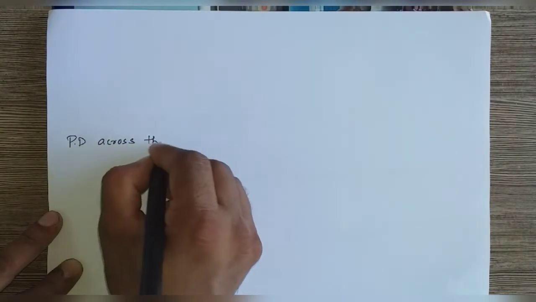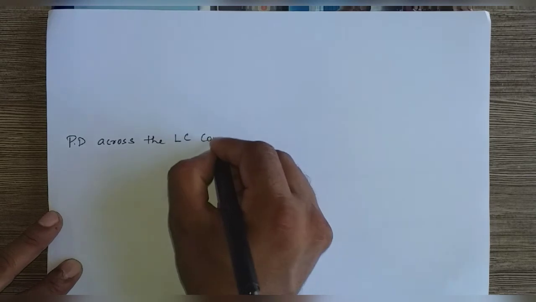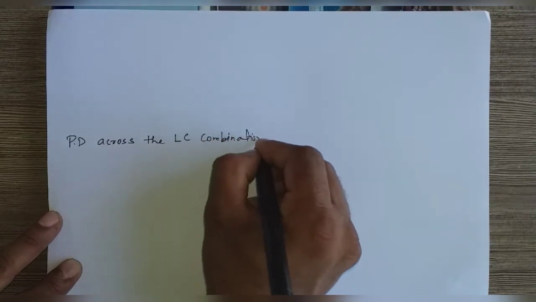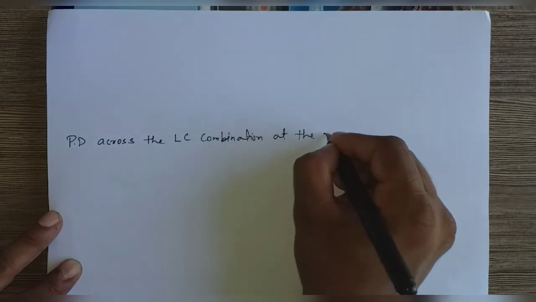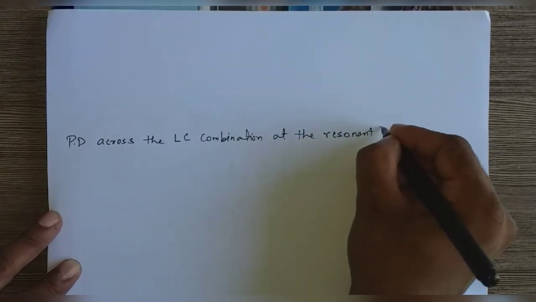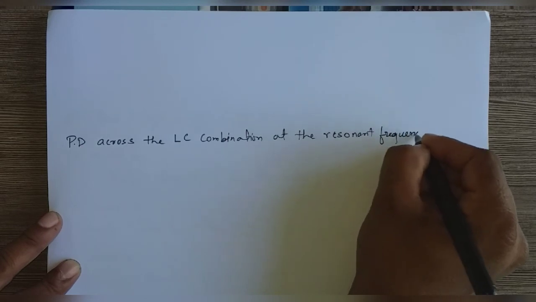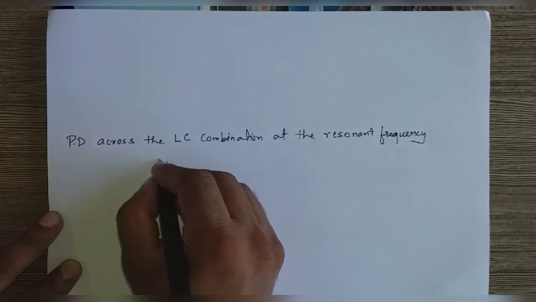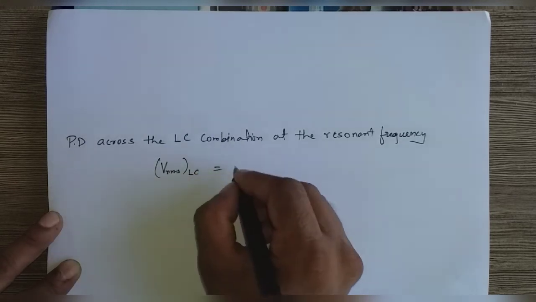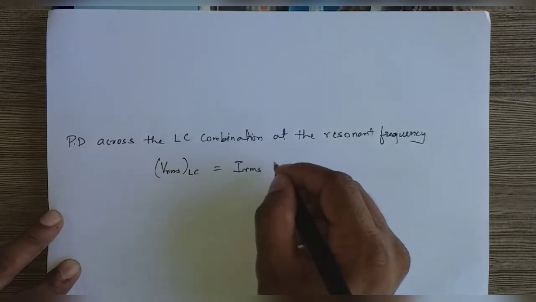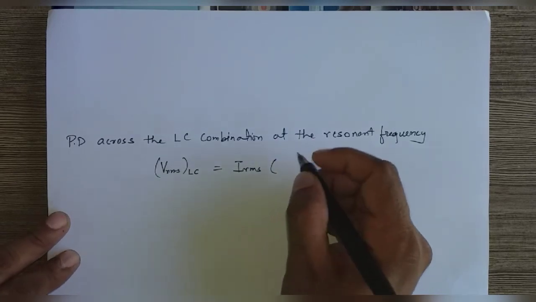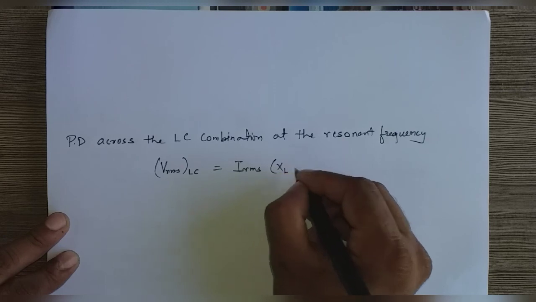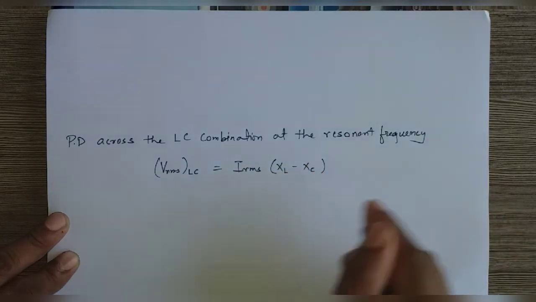The potential drop across the LC combination at the resonant frequency, VRMS of LC, is equal to IRMS into the reactance, XL minus XC.